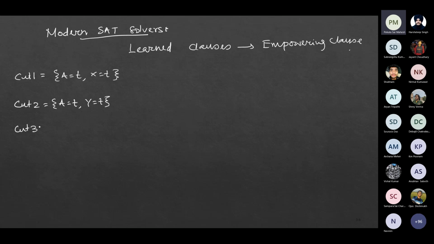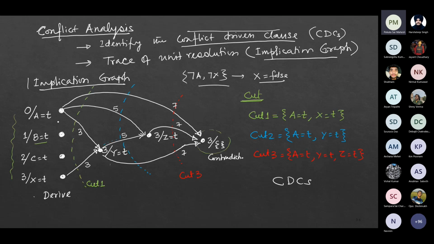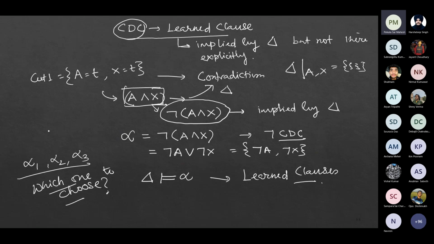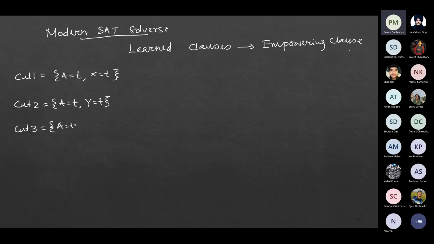And in cart 3, what did we get? A true, Y true, and Z true, right? And the levels for these are 0, 3, 0, 3, 0, 3, 3, right?